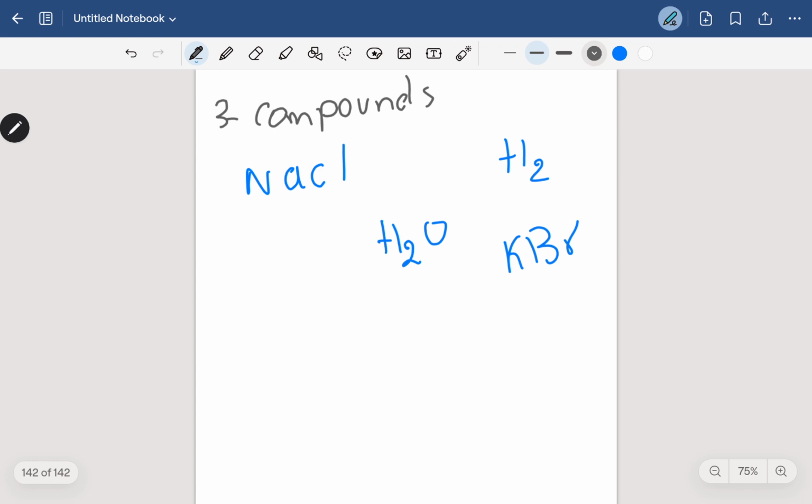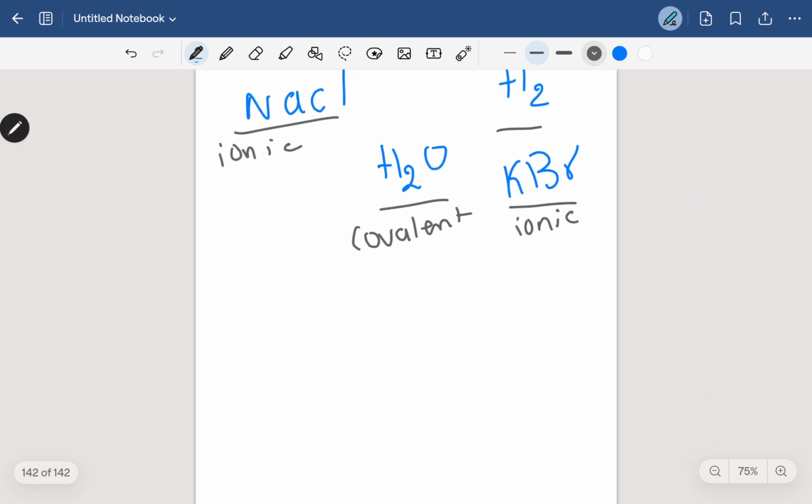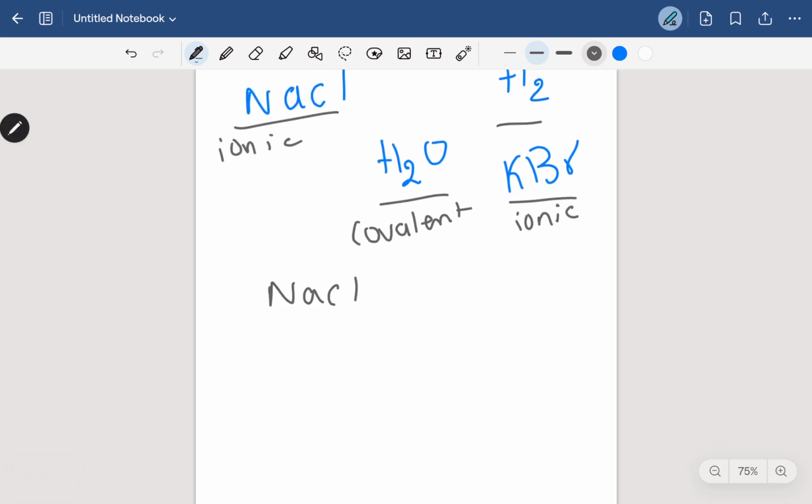Now, how do we denote compounds? The first thing is we need to identify, are they ionic or covalent? This is ionic, this is covalent, this is also ionic, and this is also covalent. Okay, so let us start with NaCl. First thing, we know it is ionic.